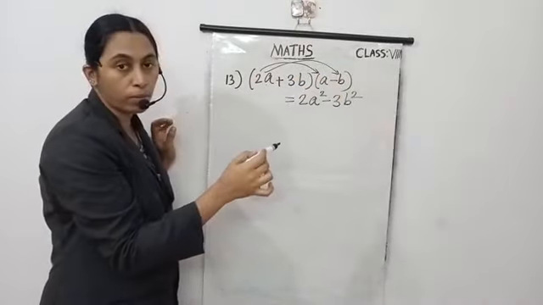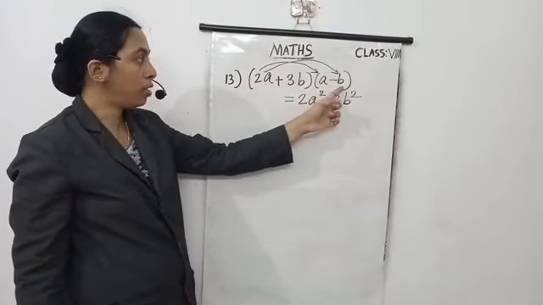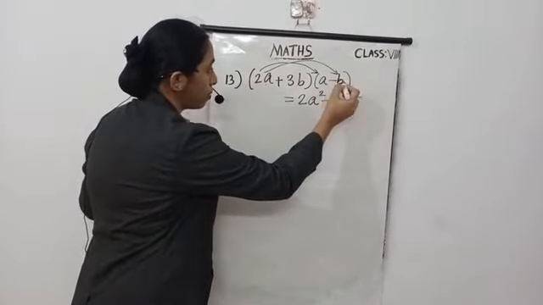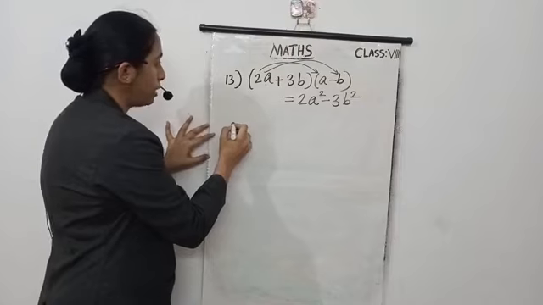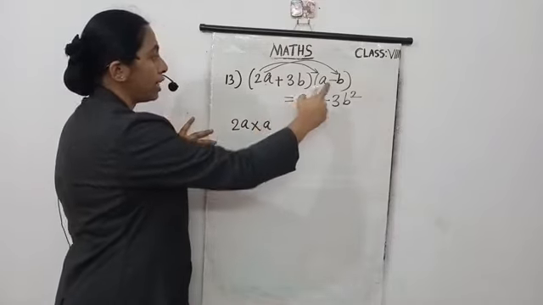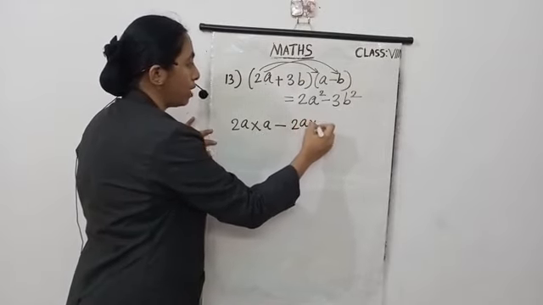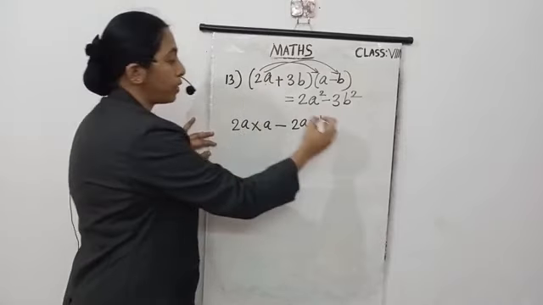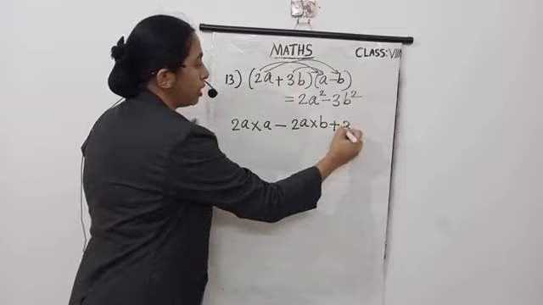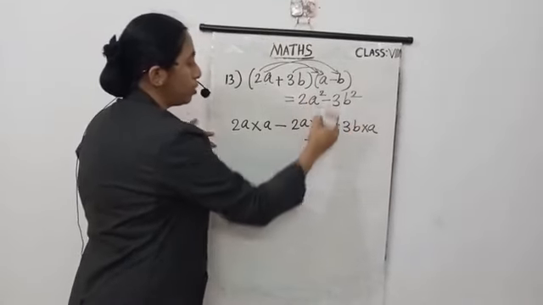I think all of you remember we have already done this type of question. Write this: 2a into a, then this minus sign, 2a into b, then put this plus sign. Next is 3b into a. So 3b into a, then this minus 3b into b.